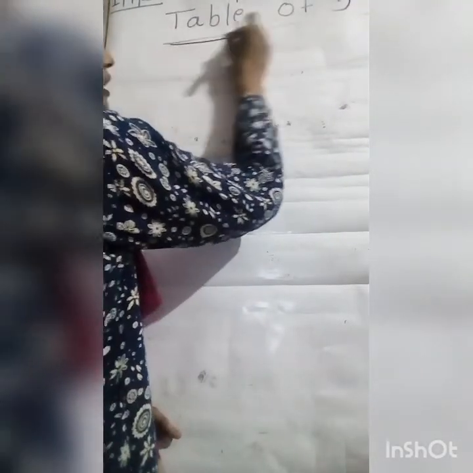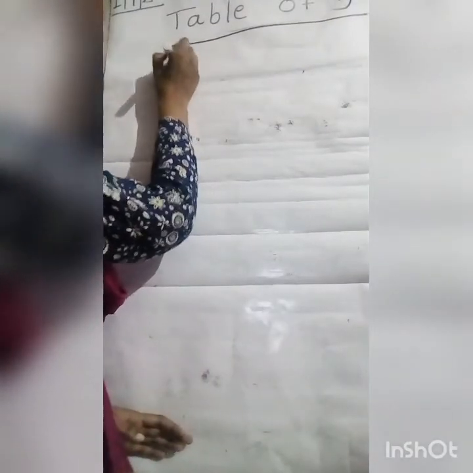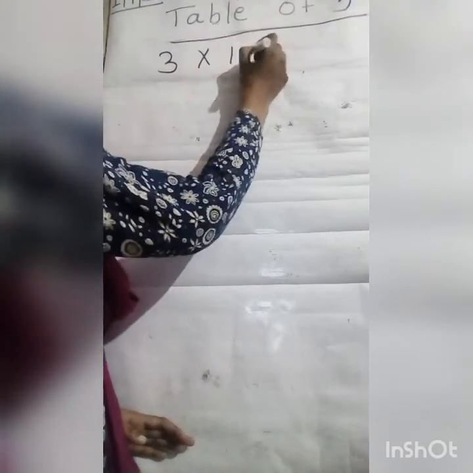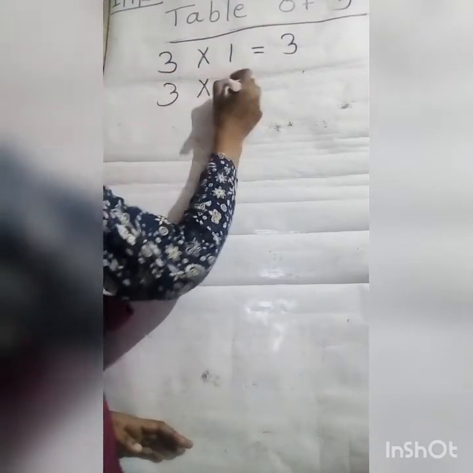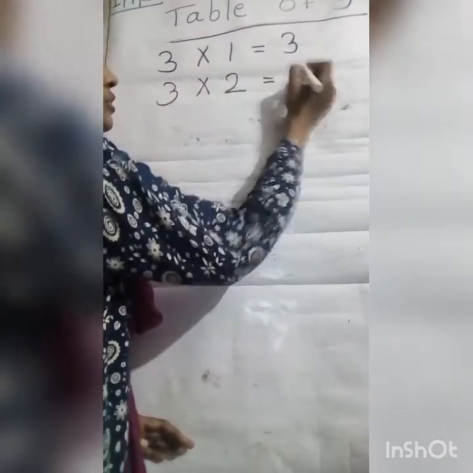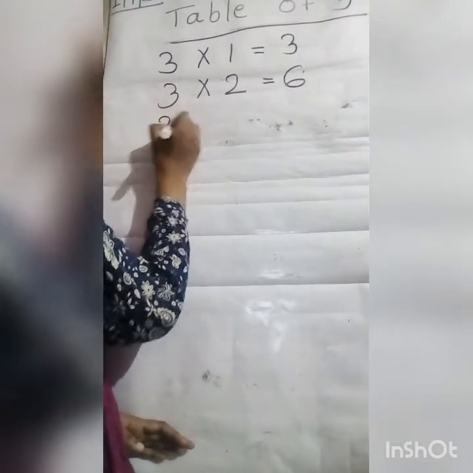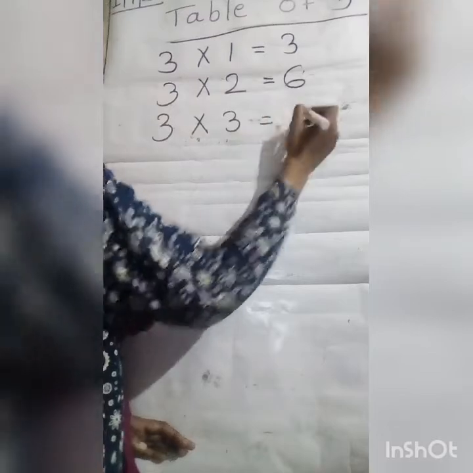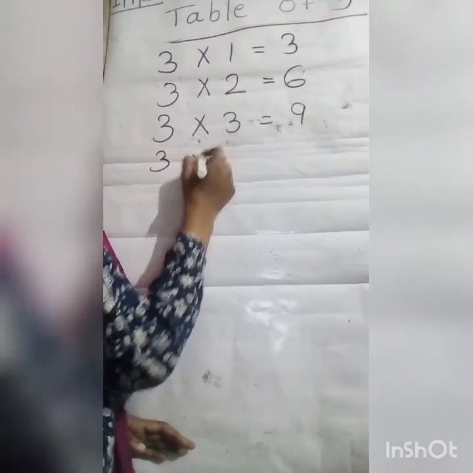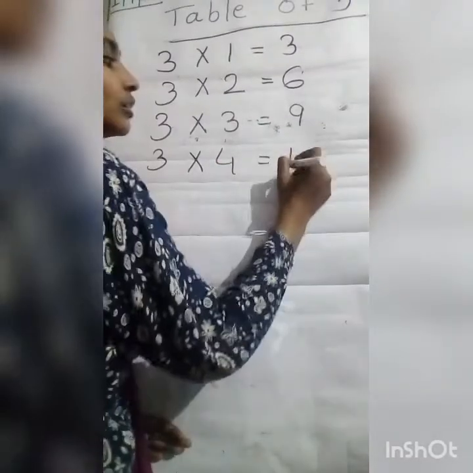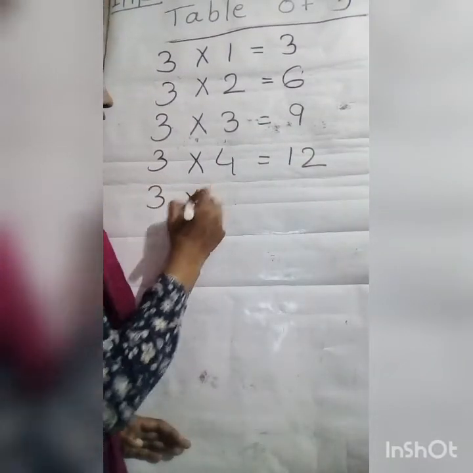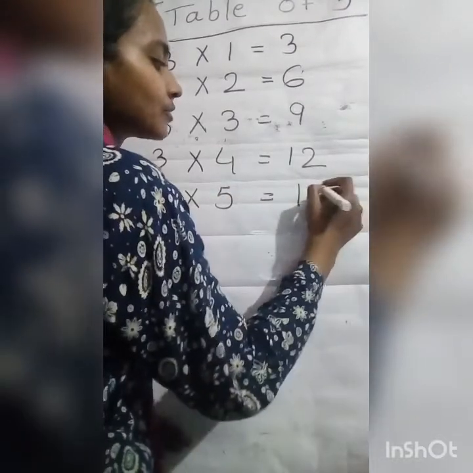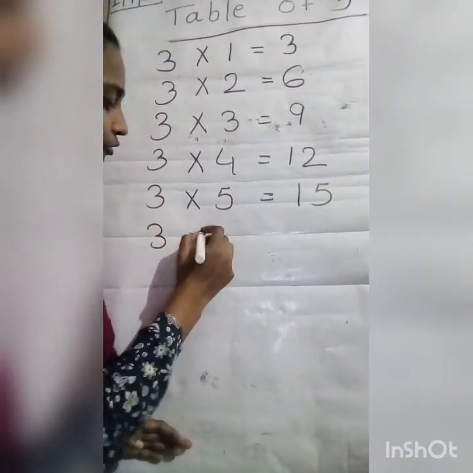So children, here is the table of 3. 3 into 1, 3 ones are 3, then 3 into 2, 3 twos are 6, 3 into 3, 3 threes are 9, 3 into 4, 3 fours are 12. 3 into 5, 3 fives are 15.